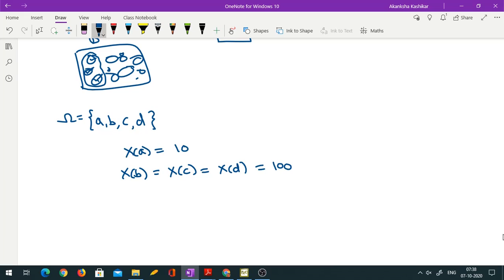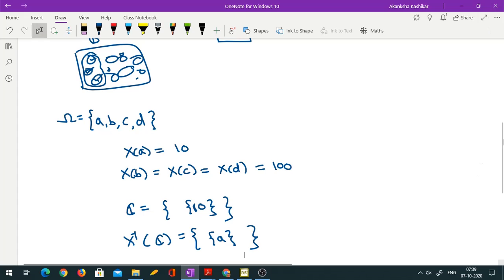Now let me consider a class of sets, say C, equal to {10}. Now what would be X inverse of C? Since 10 is coming from a, X inverse of C would be the singleton {a}.